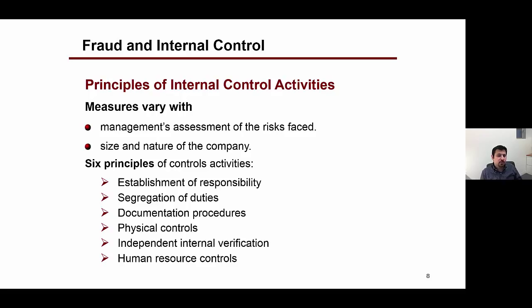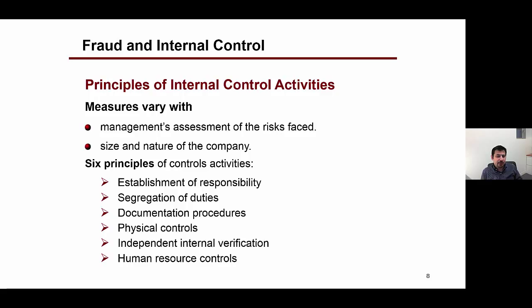There are 6 main principles of control activities, and the level of control activities would vary based on the management's assessment of the risks, as well as on the size and nature of the company and which industry.